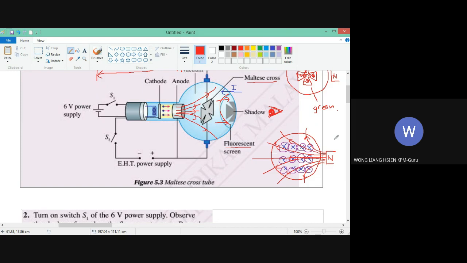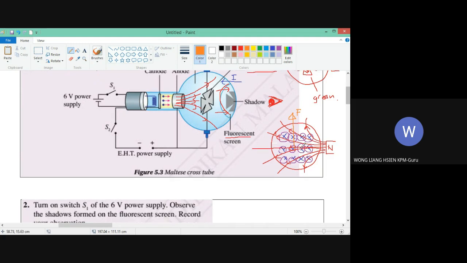So for example, by using your Fleming's left-hand rule, you can find out that the catapult force is upwards. Your Fleming's left-hand rule will look like this.